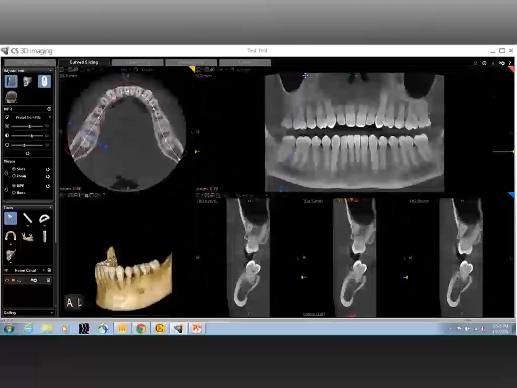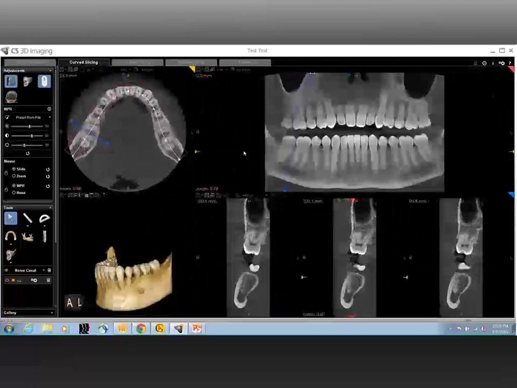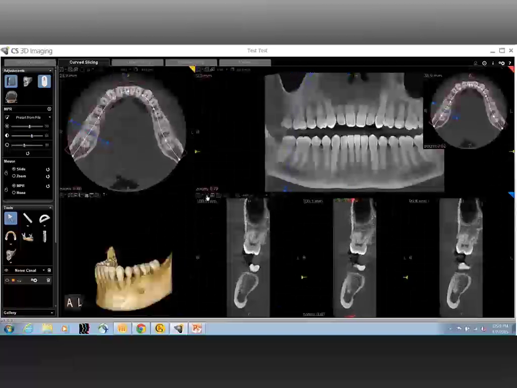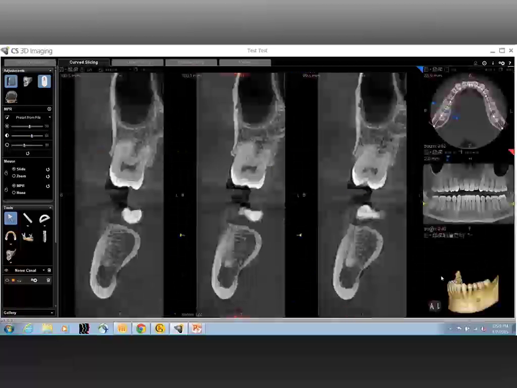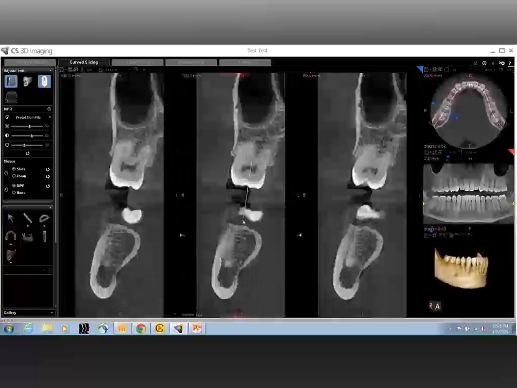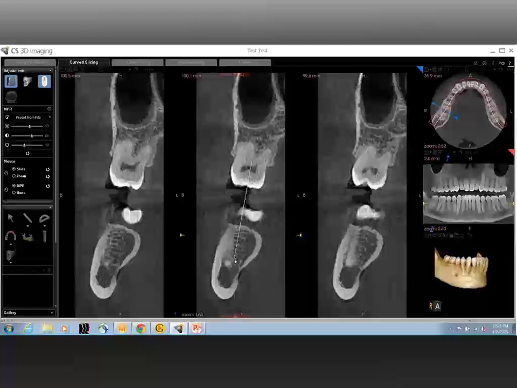I have to emphasize that it is not limited to what I say here, but the common things to be noted in terms of implants are, number one, the angulation of the ridge. The angulation of the ridge would give you an idea of how the ridge is in relation to the opposing dentition.